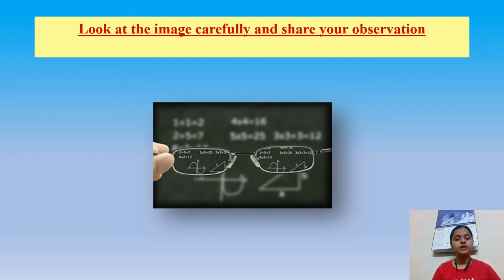But with the help of these spectacles, we can see it very clearly, right? So this is the difference. Things without spectacles are not clear, but things with the spectacles are very clear. So what do you think? What are we going to learn today? The next topic.